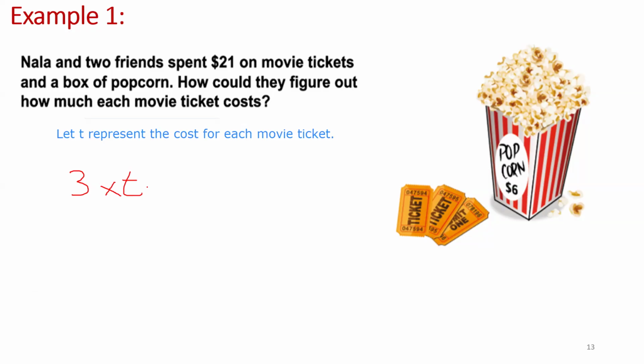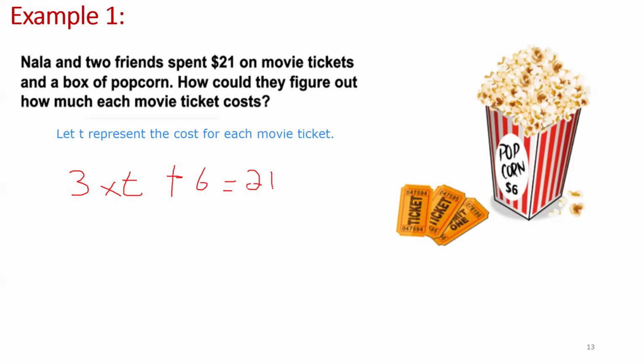That would give you the total cost for the tickets they purchased. But remember, they also purchased a box of popcorn for $6. That gave them a total of $21 they spent on both items. So here we're going to have plus 6 equals 21.